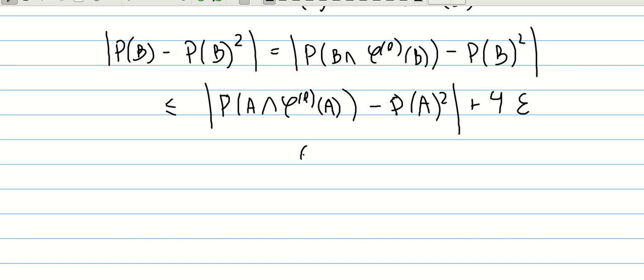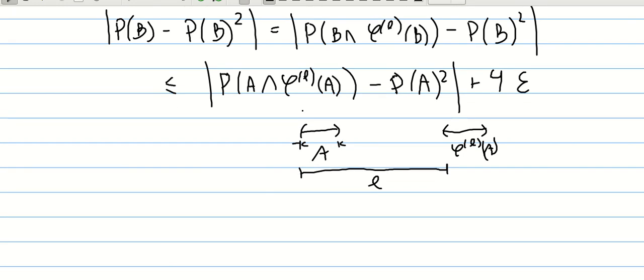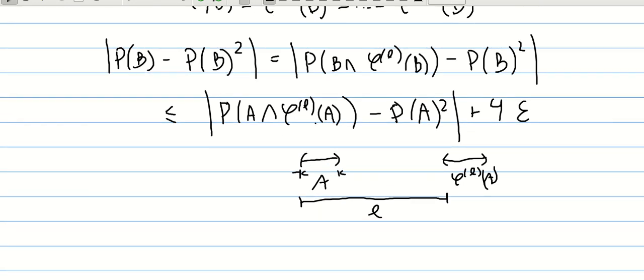So A is supported somewhere between minus K and K. And this phi L of A is here, where L is this distance here. And we know that as L goes to infinity, this thing here converges to PA squared. So we know that this is smaller or equal than 5 epsilon for every L large enough.